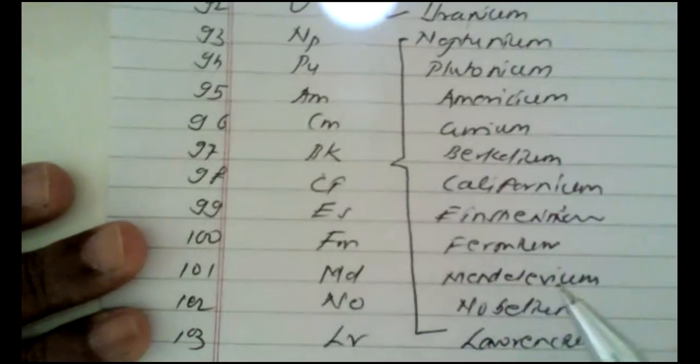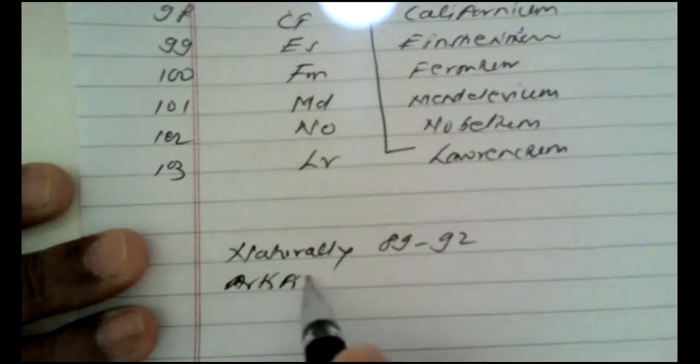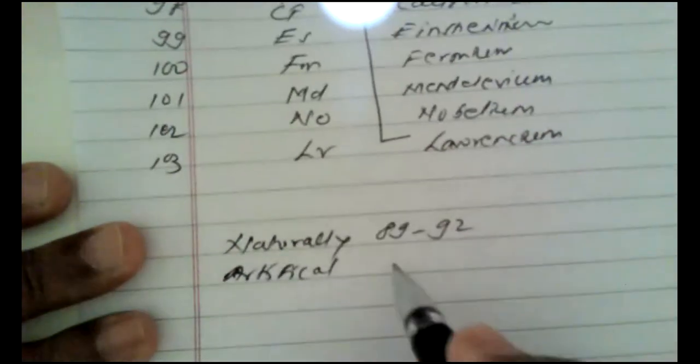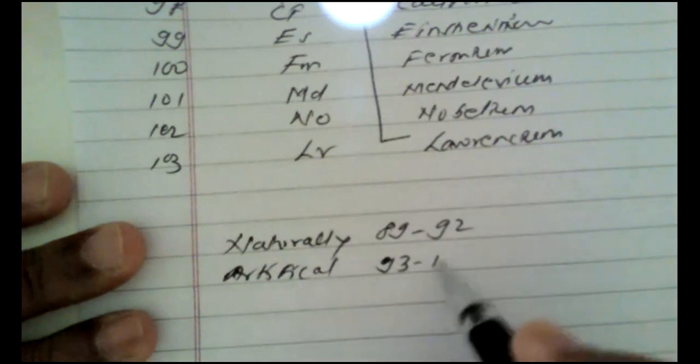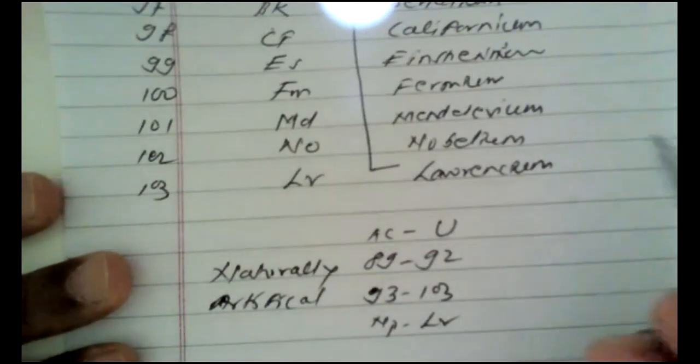These are naturally occurring elements, and all the rest are artificially prepared or synthesized elements. So which are the artificial or man-made elements? That is from atomic number 93 to 103, from neptunium to lawrencium, and here the naturally occurring members are actinium to uranium.